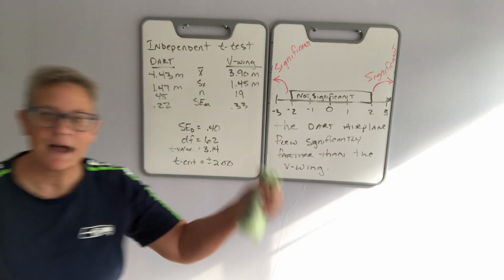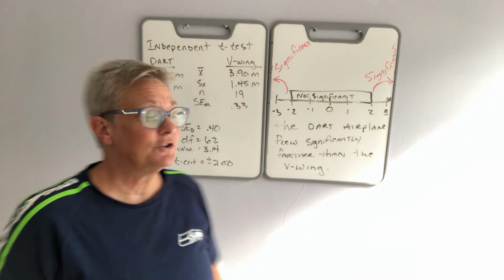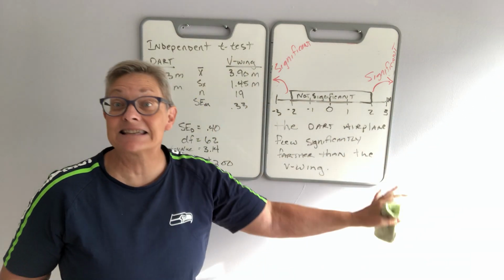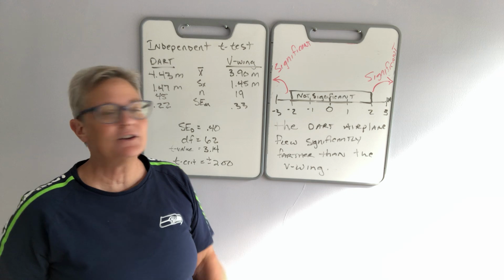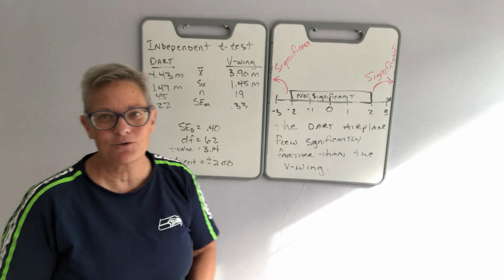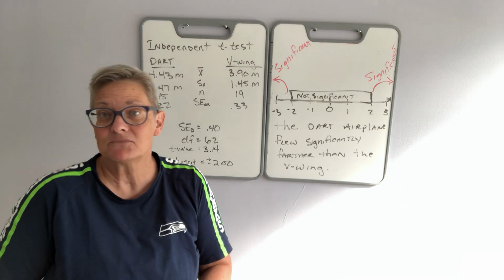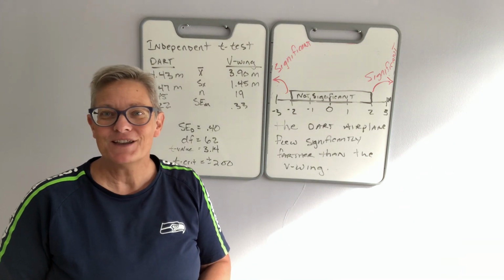And that's how you do that. You can write it in the negative also. You could just write the V-wing flew significantly less than the dart. Here I just have the X. I always go with the bigger one. It's just easier. It just always makes it right. So there you go.